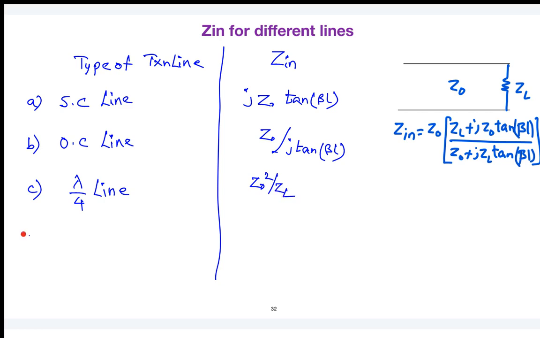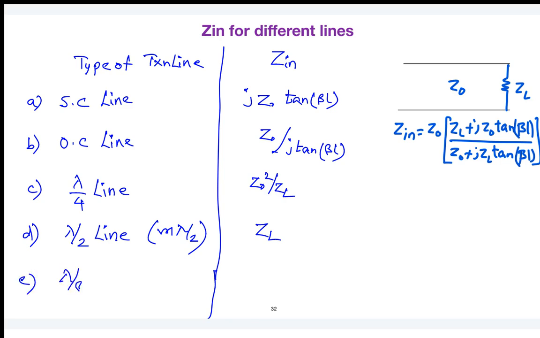If it is a lambda by 2 line or integral multiples of lambda by 2, the value will be same as load impedance. And the last one, you need not remember, you can forget it: Z0 into (ZL plus jZ0 tan) by (Z0 plus jZL tan).